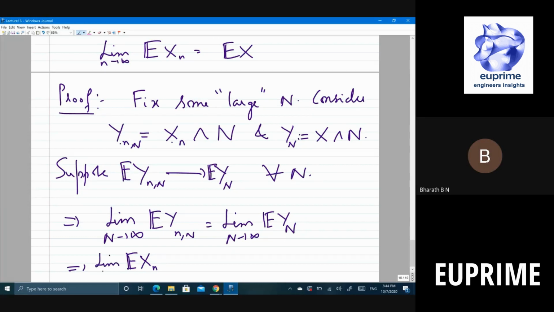That is something that we already have. So the expected value of Yn is this. As I take the limit as n tends to infinity, I get this, which is equal to the expected value of X. That's what we get. So now that essentially means I have to show this, and then I'm done.